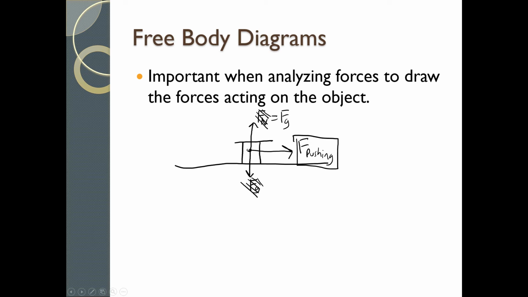If the unbalancing force is going to the right, this means that my object will start to accelerate towards the right. And again, we saw this in the lab the other day with the toy cars. The toy cars were applying an unbalancing force to the wooden block, and that's why the wooden block would move. So that's how you can identify where the unbalancing force is.